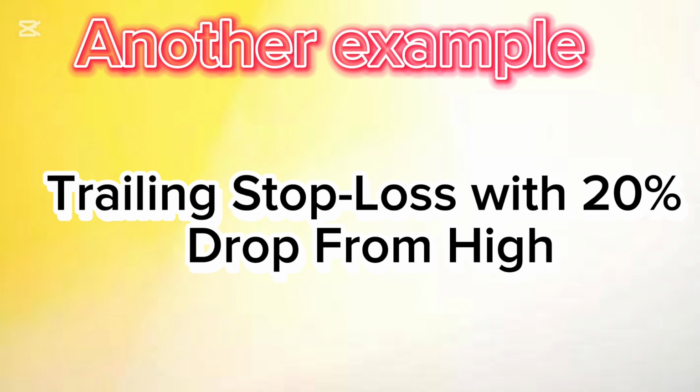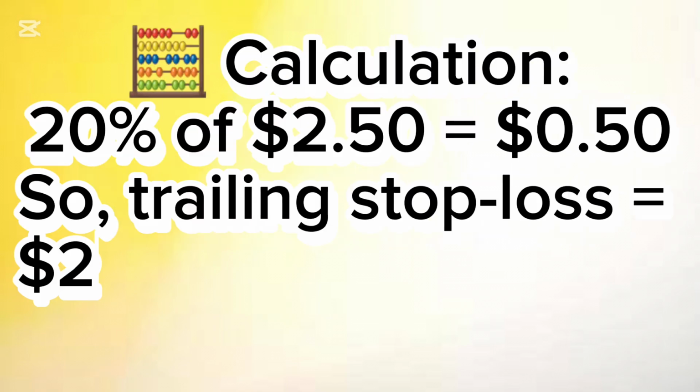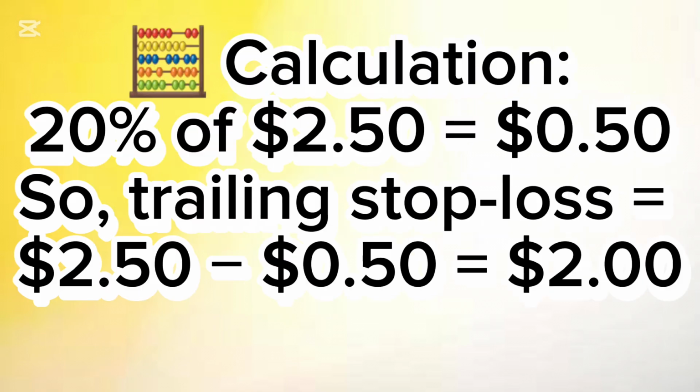So let me give you an example of a trailing stop loss with a 20% drop from high. You buy a token at $1 and set a trailing stop loss at 20%. The price rises to $2.5. So the calculation is this: 20% of 2.5 is 0.5.